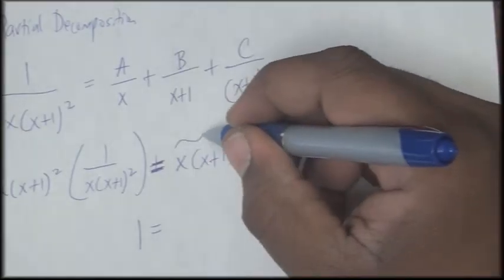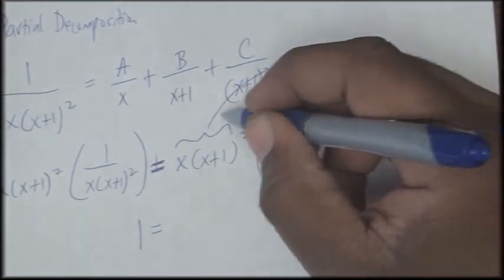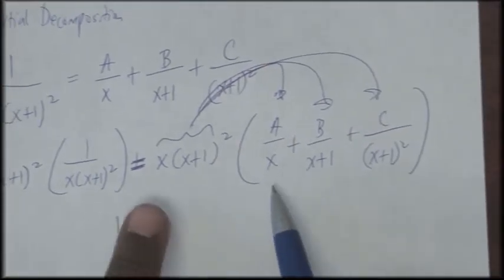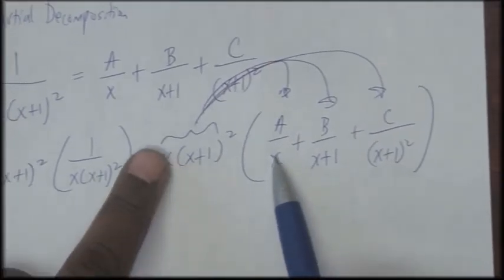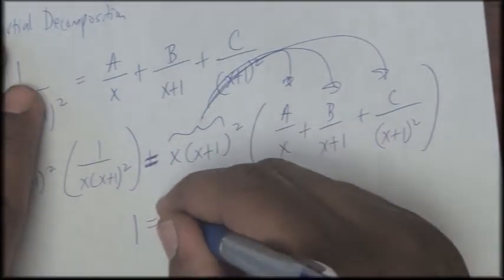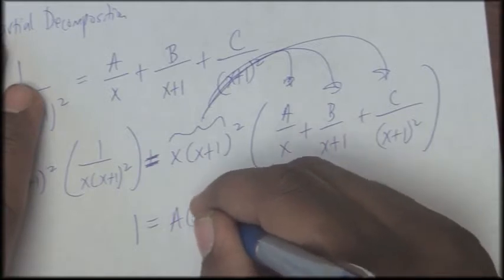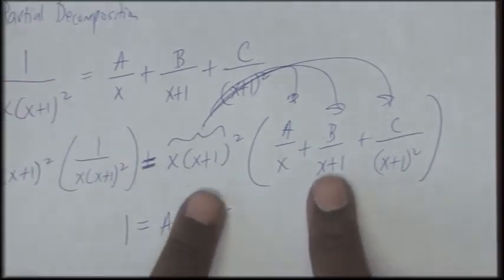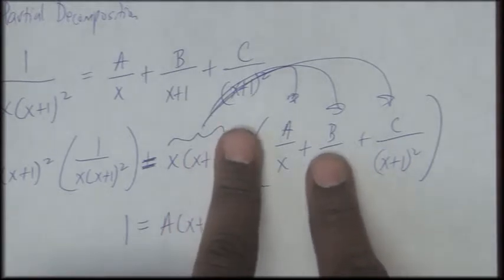On the right hand side, we're going to distribute. When we multiply the least common denominator by our first term, notice that the x variable cancels. So we're left with a times the quantity x plus 1 squared. When we distribute with the second term, notice that our x plus 1 factor cancels.